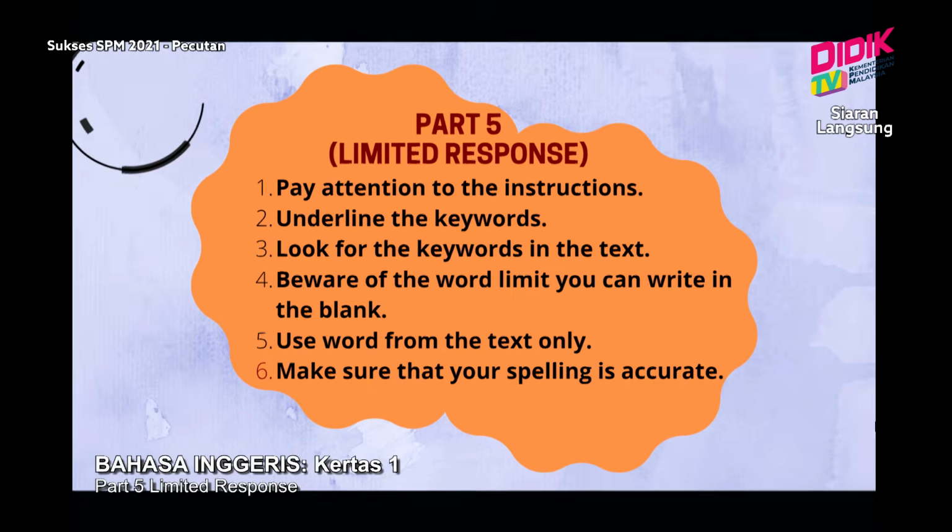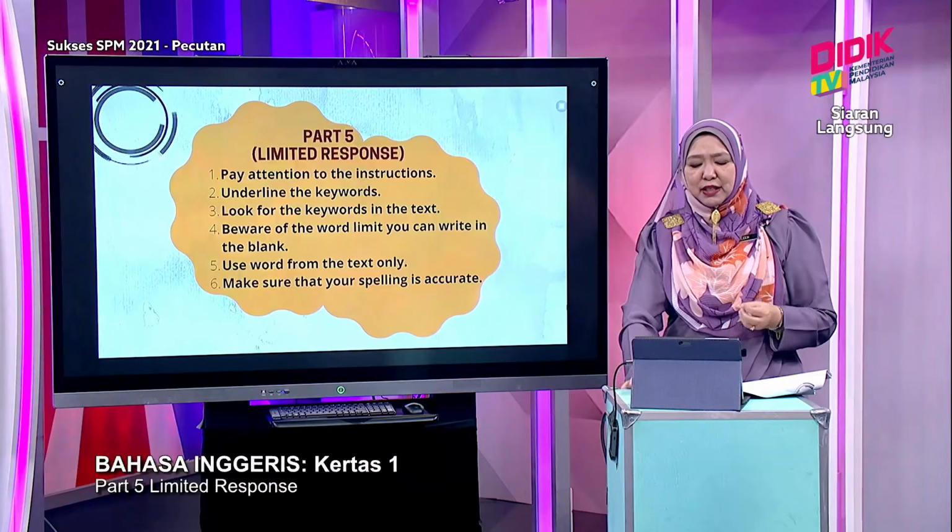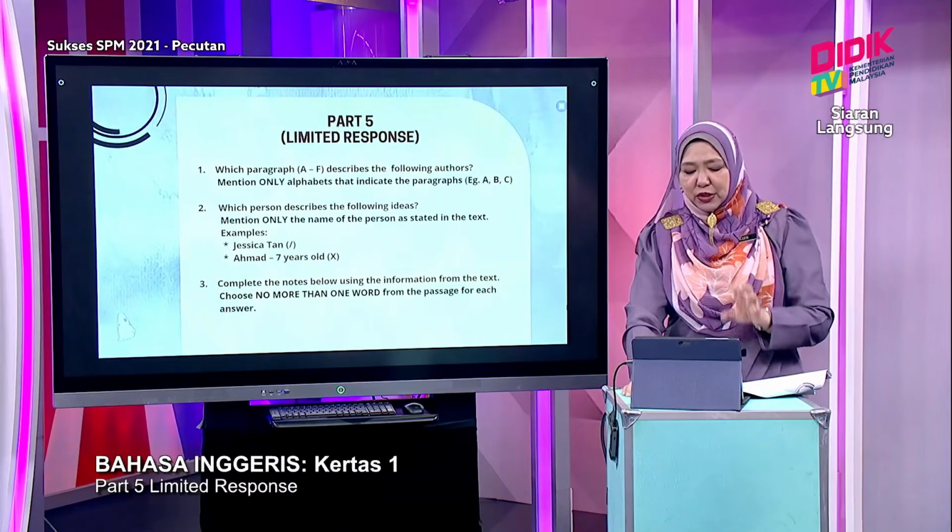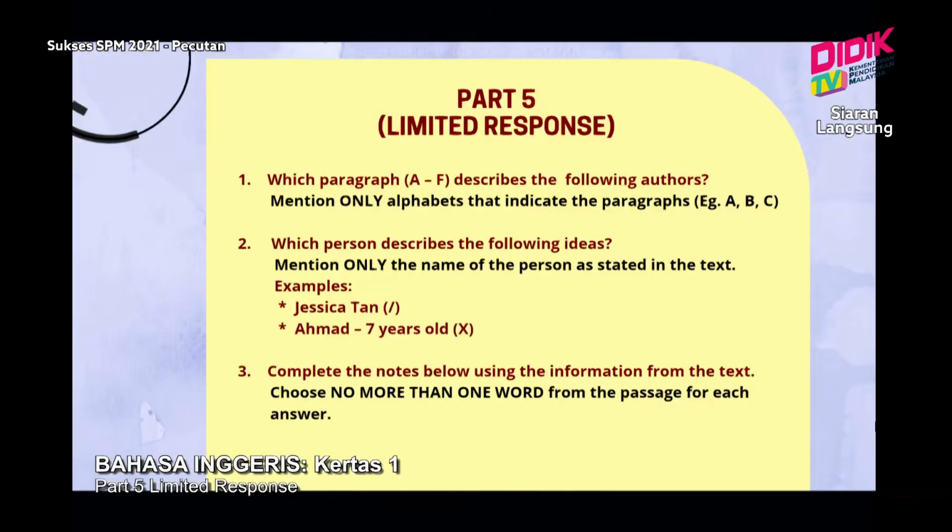Now, let me give you an example. For the first task, the instruction is: which paragraph, A to F, describes the following authors. So when you answer, mention only the alphabets that indicate the paragraph.